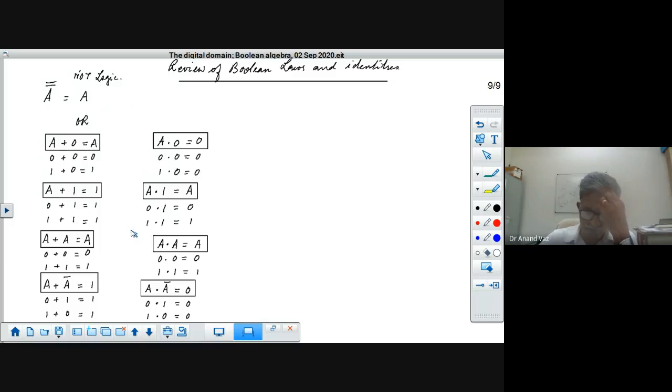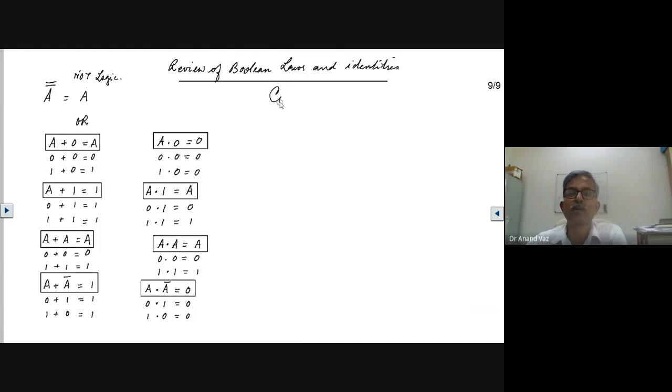So these are some of the fundamental laws in Boolean algebra, and we will also review some fundamental identities, like the laws of commutation. Let's review the law of commutation for Boolean operations.